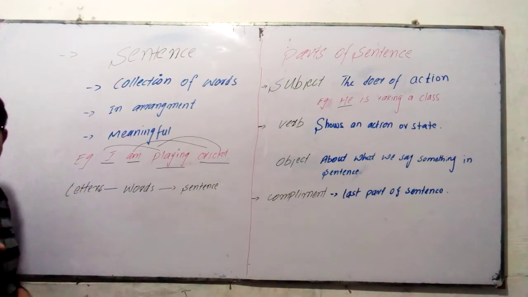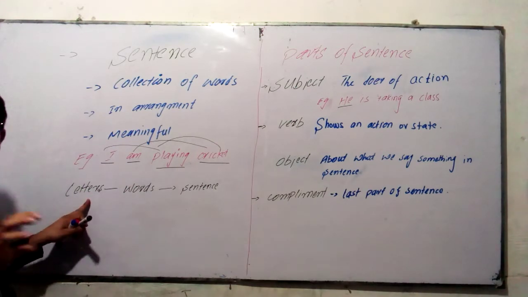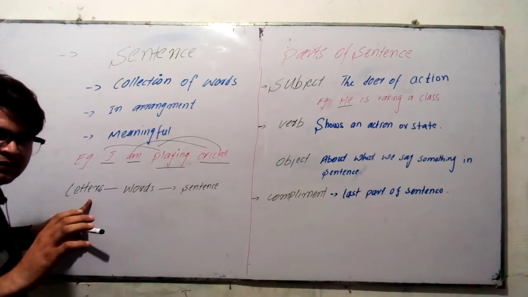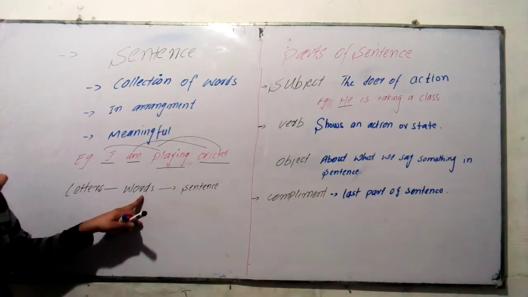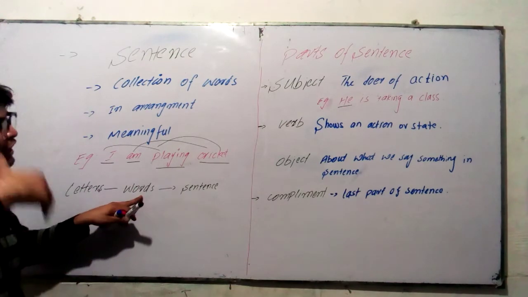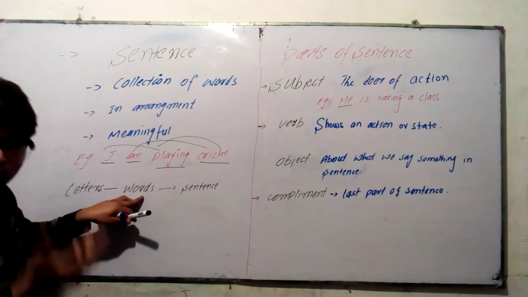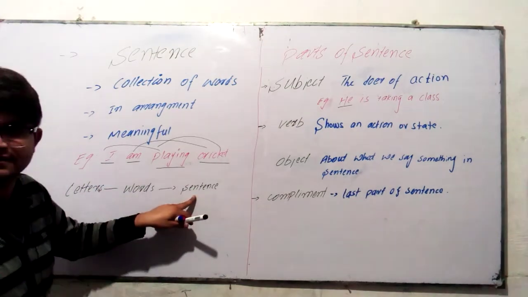Dear student, one thing: when we have a collection of letters in arrangement form that gives a meaning, it will make a word. While if we collect or group different words, it will make a sentence.